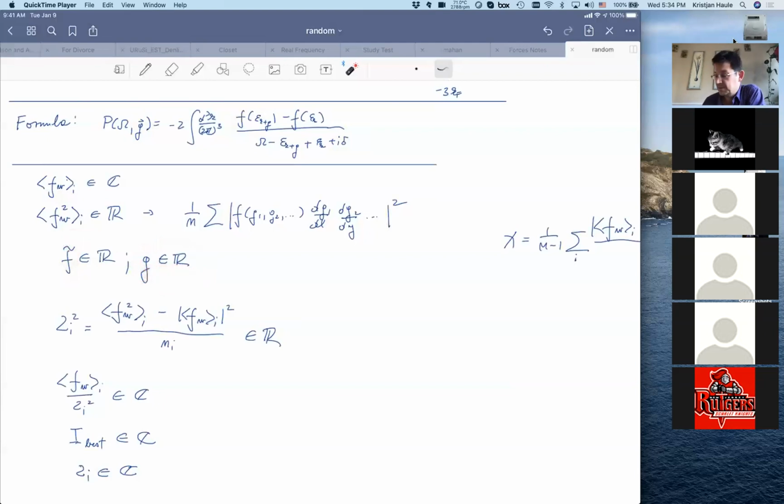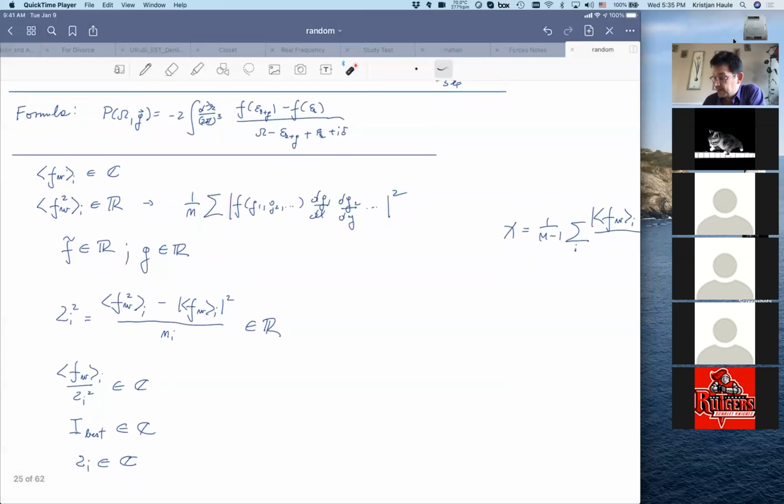Therefore f twiddle has to be real, and because f twiddle is constructed from f squared, f squared needs to be real, so we need to take the absolute value squared here. Okay.